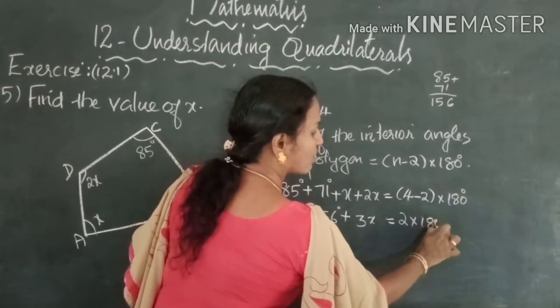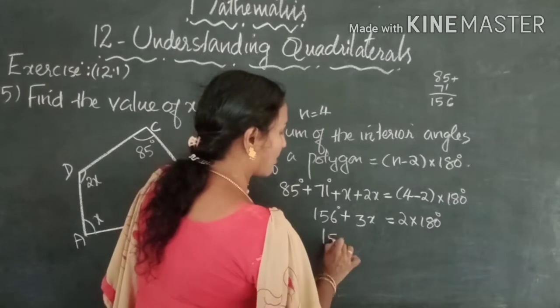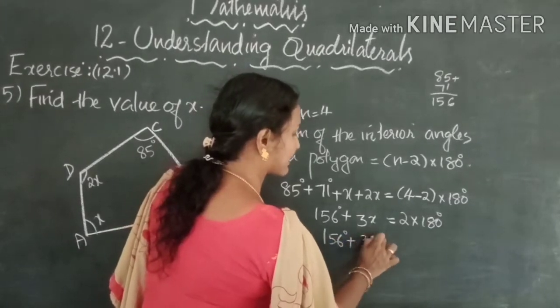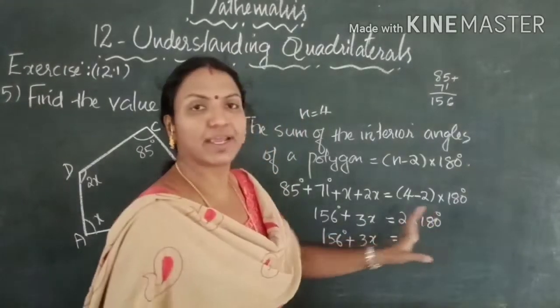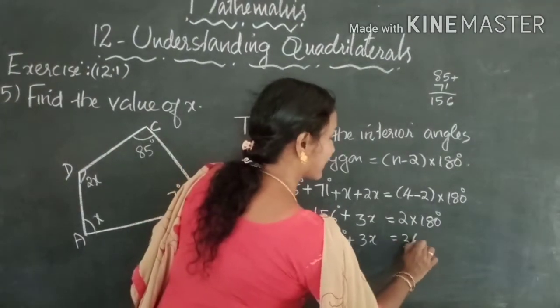So 156 degree plus 3x is equal to 2 into 180, 360.